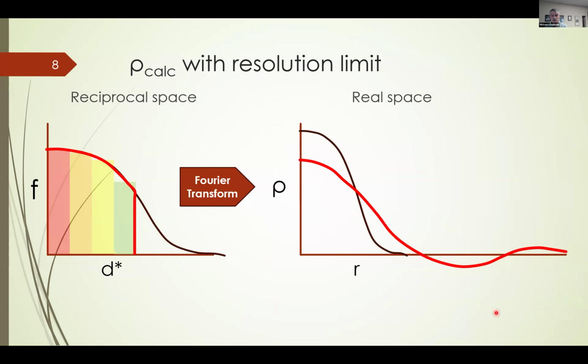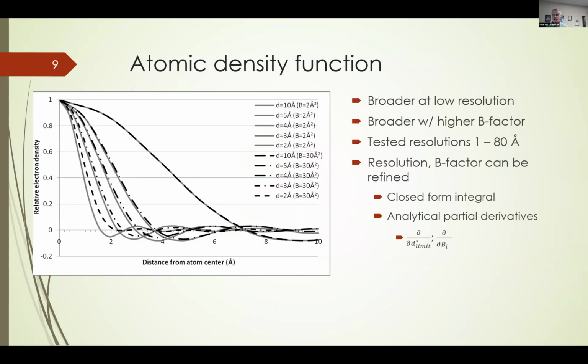And our way of calculating the atomic density takes this into account perfectly. Here we see some examples for atomic density functions calculated between 2 and 10 angstrom resolution. You can see that the atomic density function gets broader at low resolution.